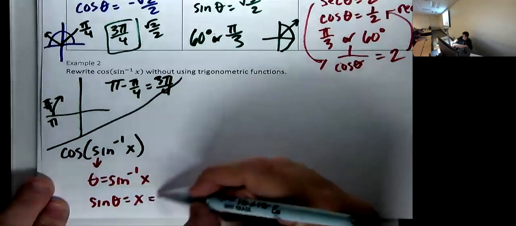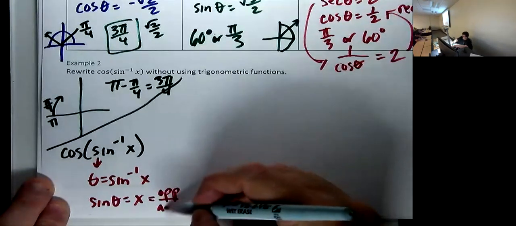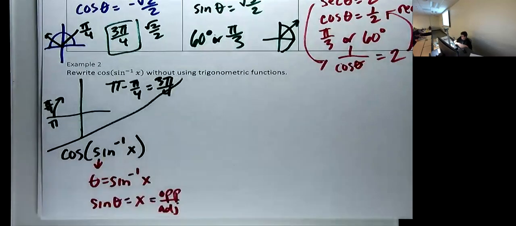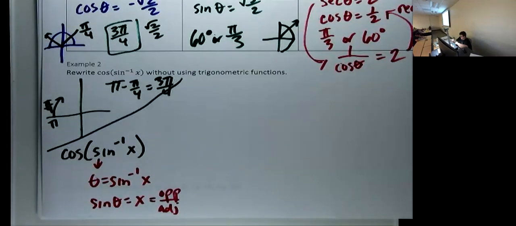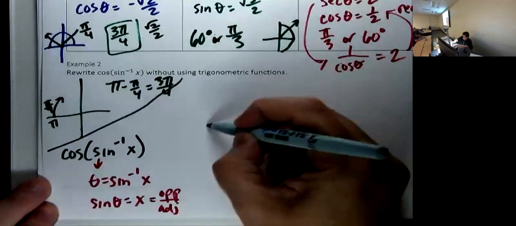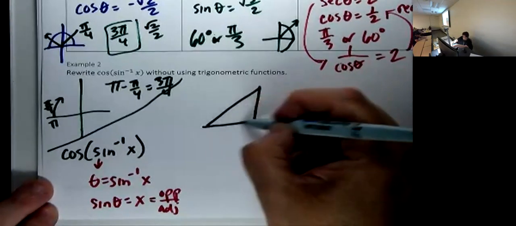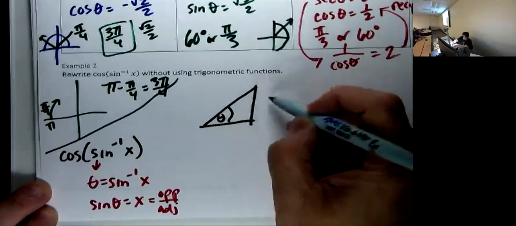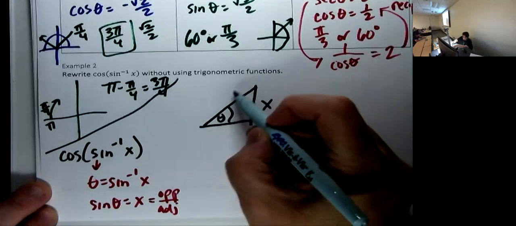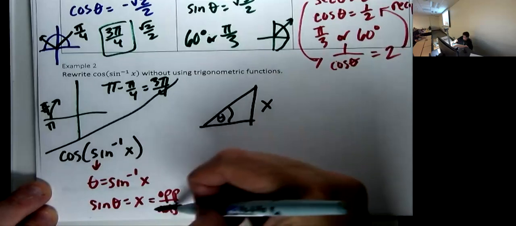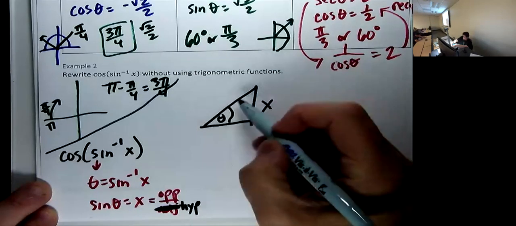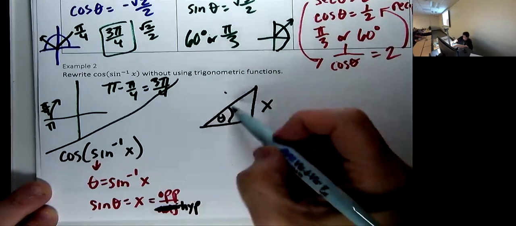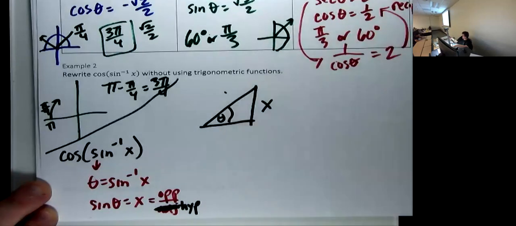But sine of theta is SOHCAHTOA, opposite over hypotenuse. I'm going to assume x is positive here. So we're looking at an angle like that. Opposite is over here, not adjacent, hypotenuse. And what do I put here for the hypotenuse?